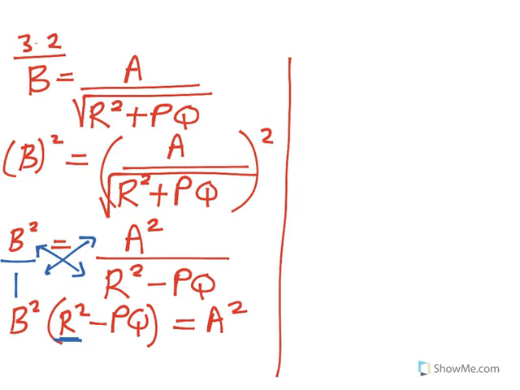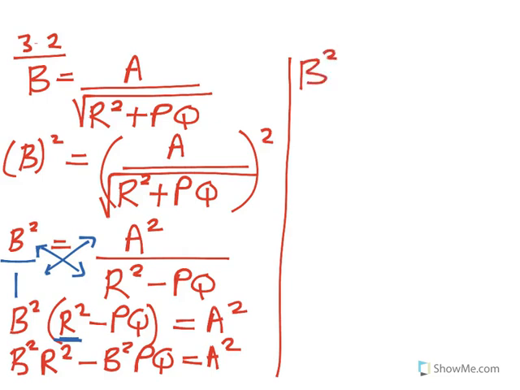So for argument's sake, let's expand the bracket. I'm going to have B squared R squared plus B squared PQ is equal to A squared. Then I'm going to take B squared PQ to the other side. It's positive, it will become negative.